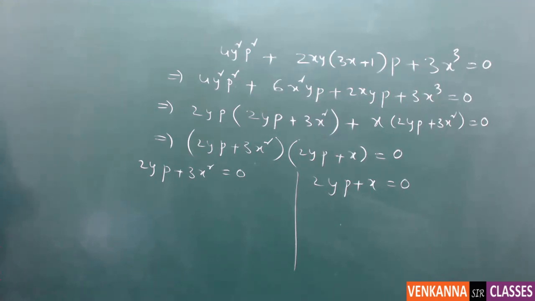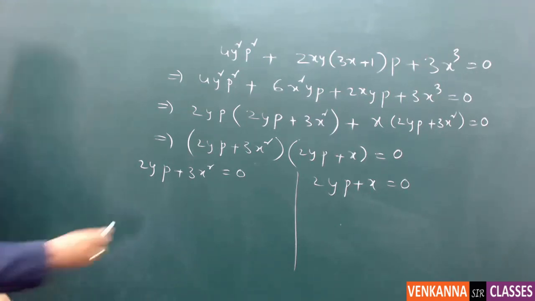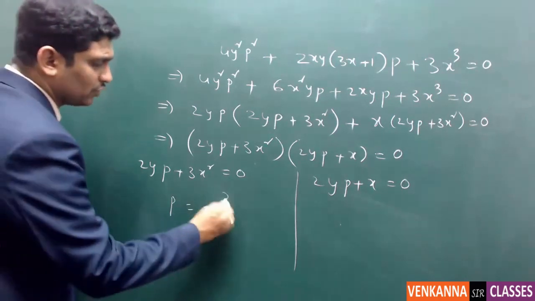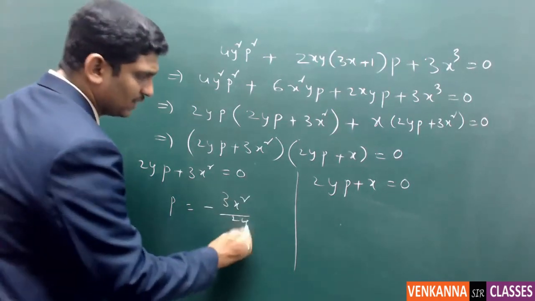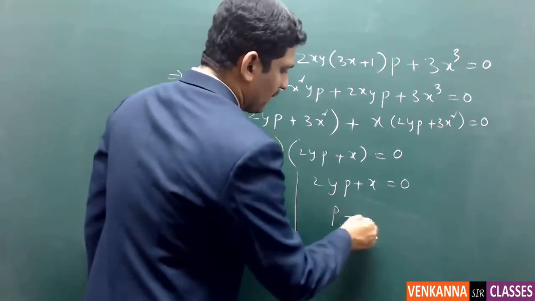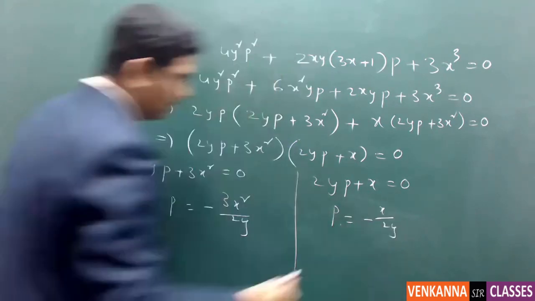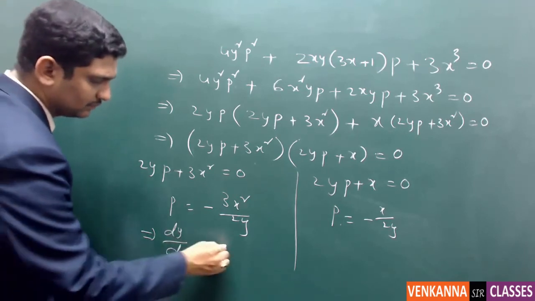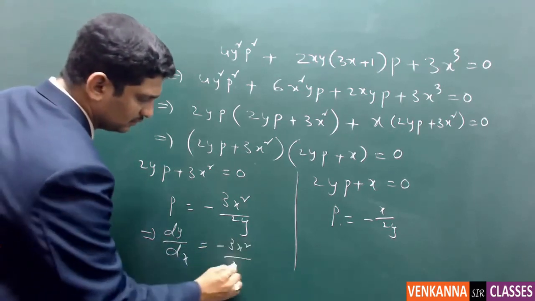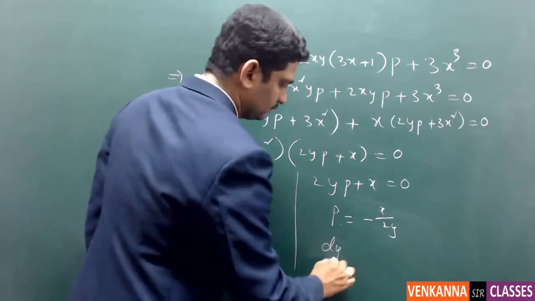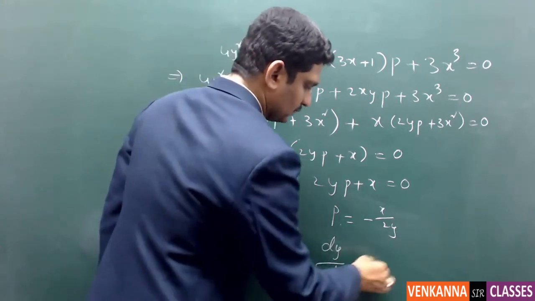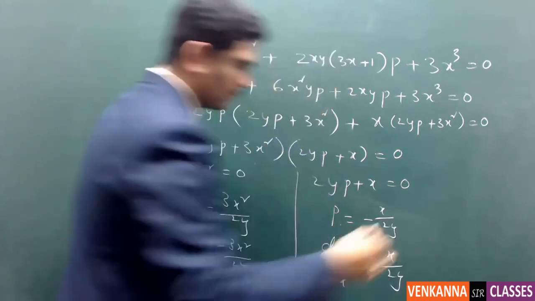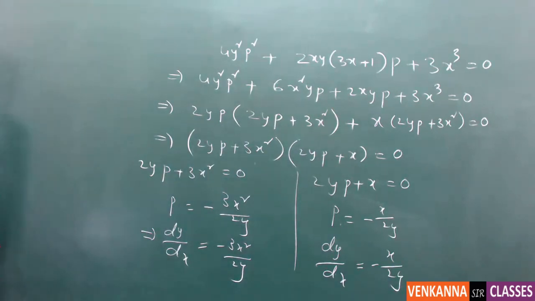Right? Please go ahead. So here you have p is equal to minus 3x square by 2y, and here you have p is equal to minus x by 2y, and p is nothing but dy by dx. So now we go for variable separable and we will do the integration there.